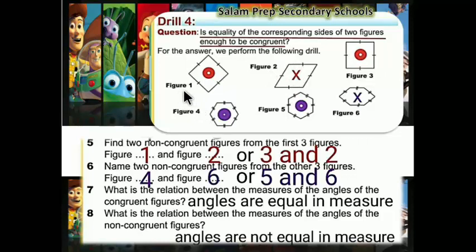Figure 1 has 4 right angles, but figure 2 has 2 obtuse angles and 2 acute angles. So, figure 1 and figure 2 are not congruent, so angles are not equal in measure.